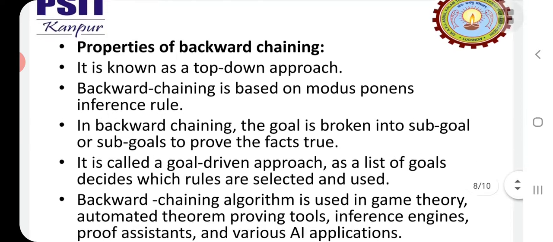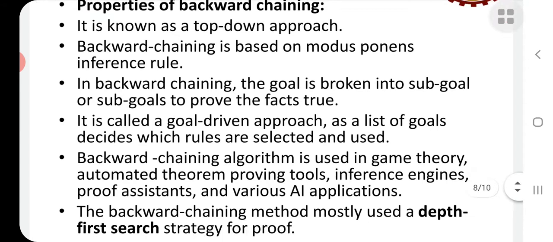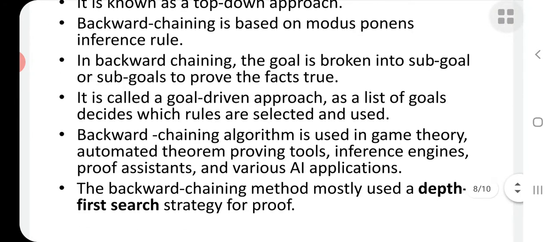So a few properties are given. Forward chaining is bottom up, and backward chaining is top down. Backward chaining is based on the inference rule modus ponens. In backward chaining, the goal is broken into sub-goals to prove the fact.